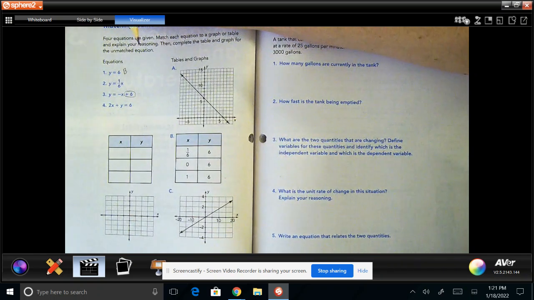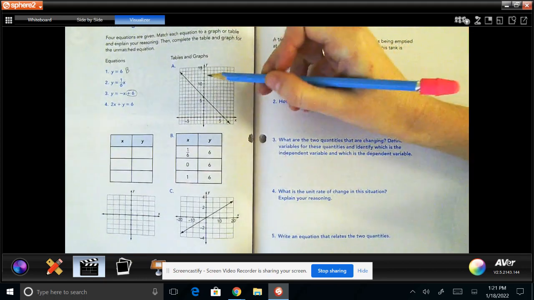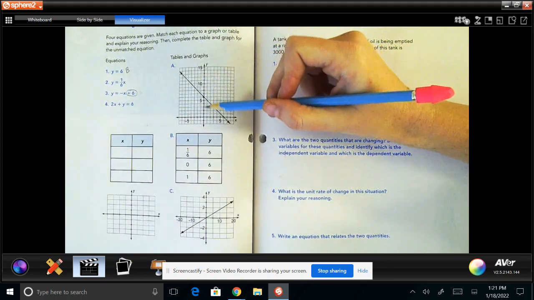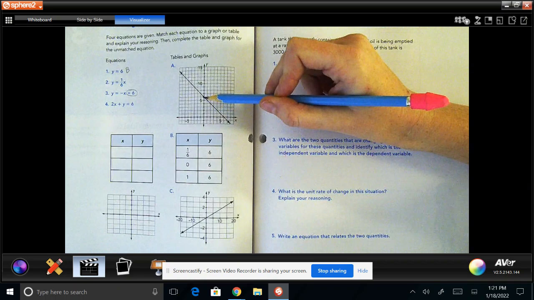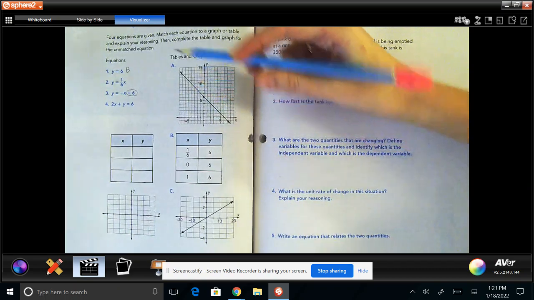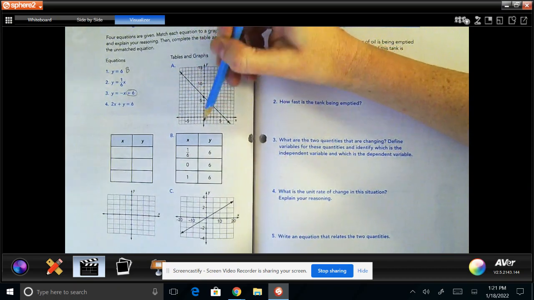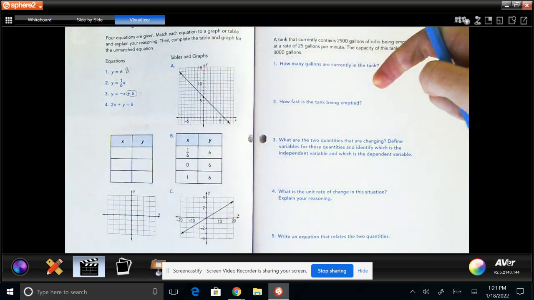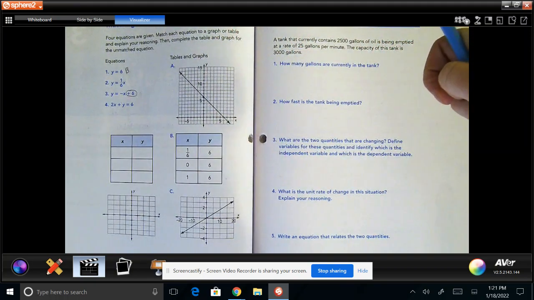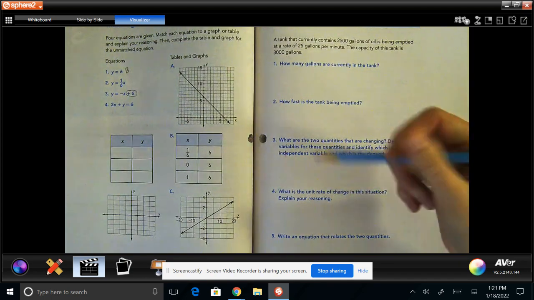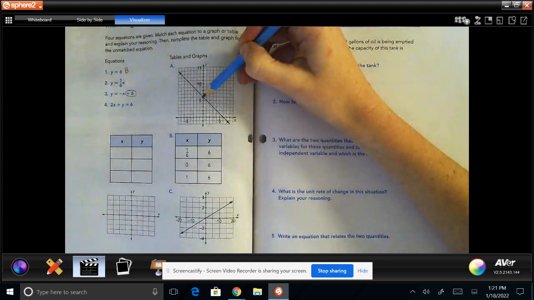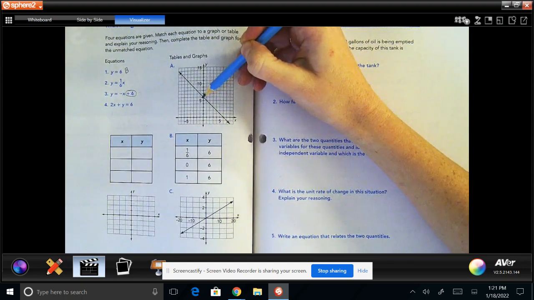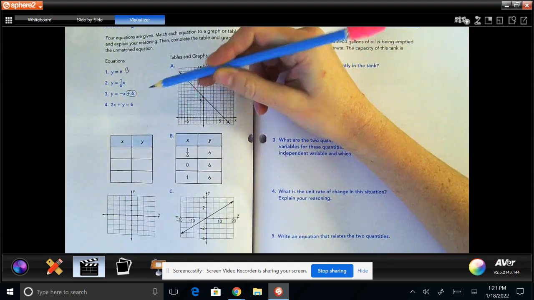That constant is your y-axis intercept, like graph A. Notice our line intersects the y-axis at 6. Which tells me that could be a match to 3.